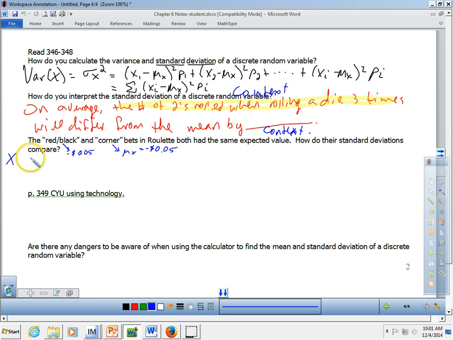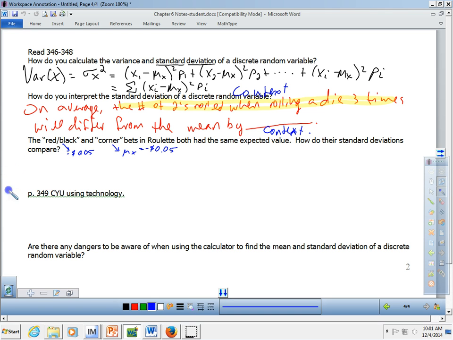And on a roulette table, there are 18 red numbers, 18 black numbers, and 2 green numbers. So there's 20 non-red, okay? Let's not start here. Sorry. We're going to redefine X.